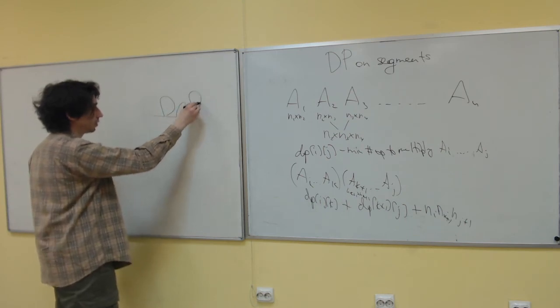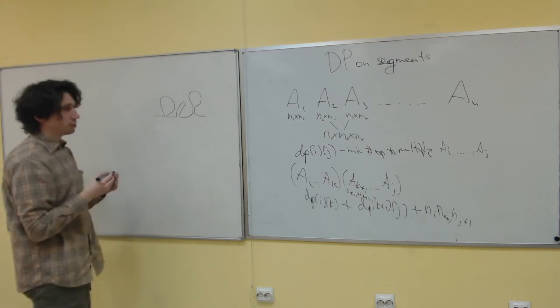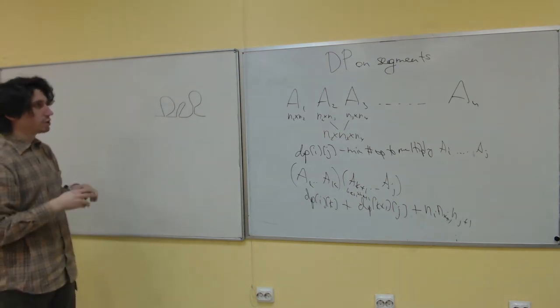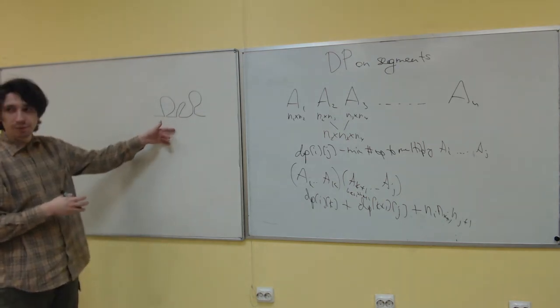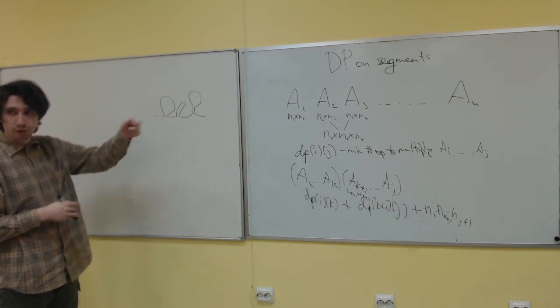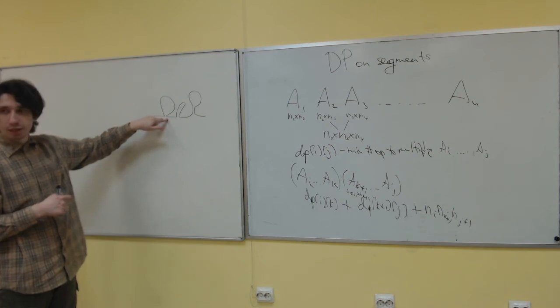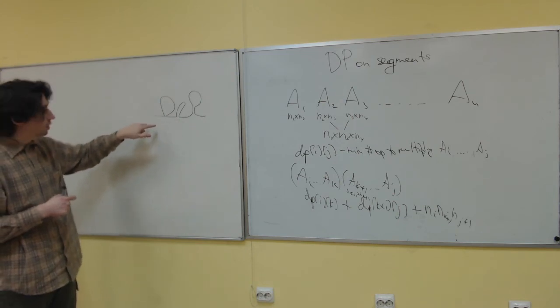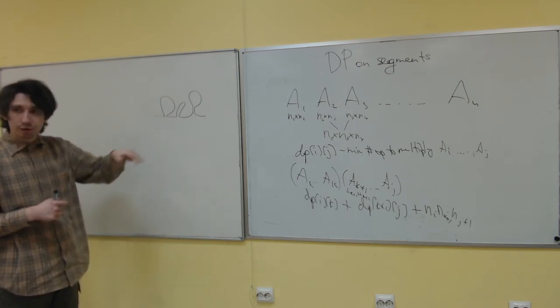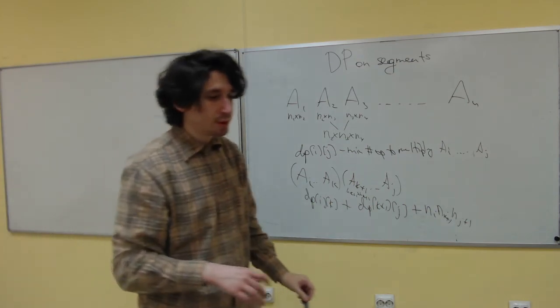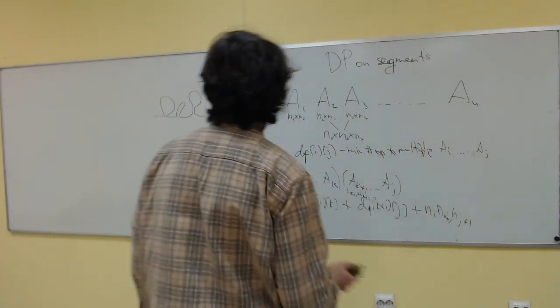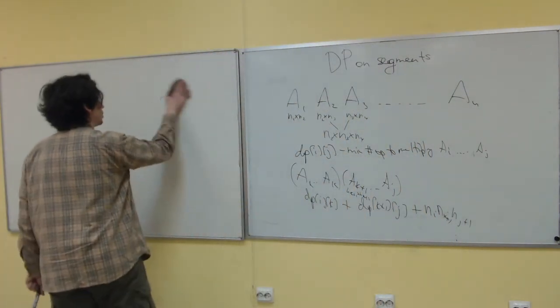You would be surprised, but this two-dimensional structure can be done using dynamic programming, because this is exactly a segment which is calculated from other segments. It's a little bit more complicated, but still the idea is dynamic programming on segments.